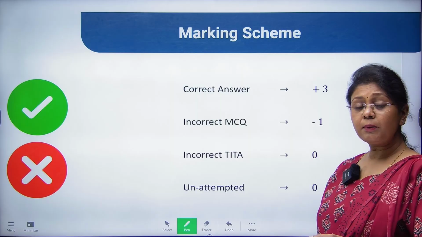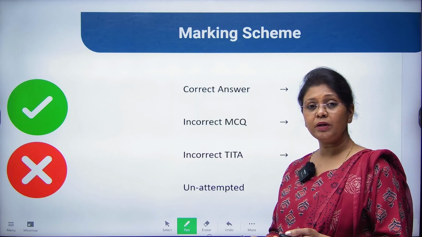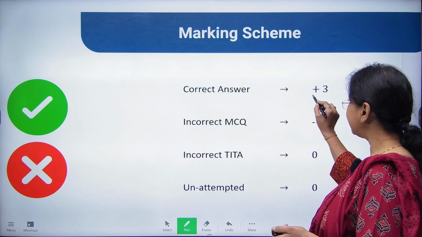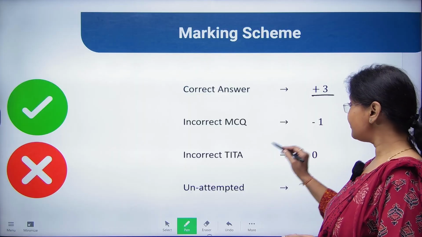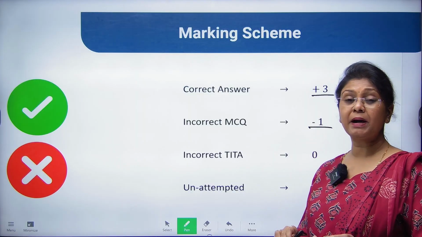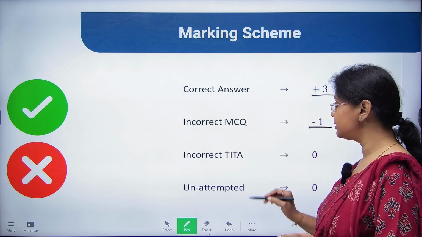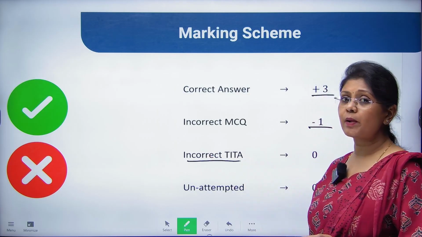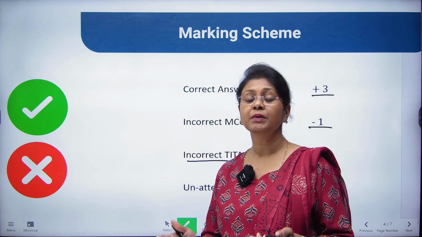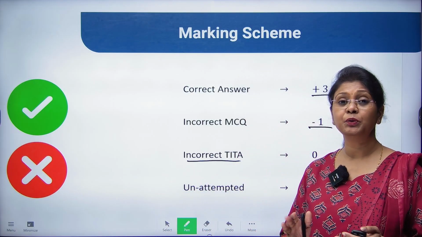Right, so let's talk about the marking scheme, because you should know that for every correct answer you would get +3. For every wrong answer you would get -1. So there is a penalty of -1 for incorrect MCQ questions. Now what exactly is a TITA question? A TITA question is a question where you don't have options.